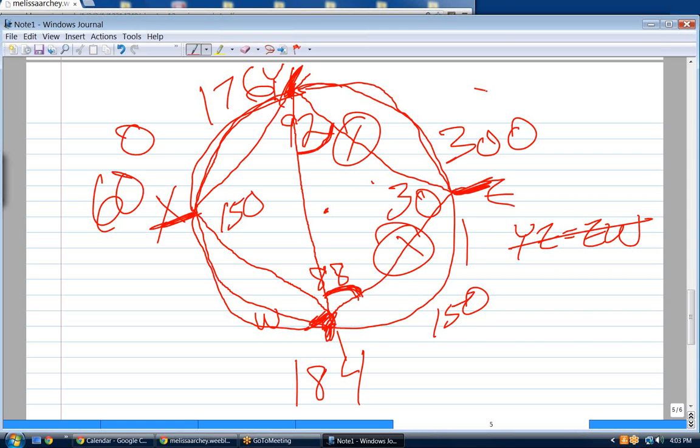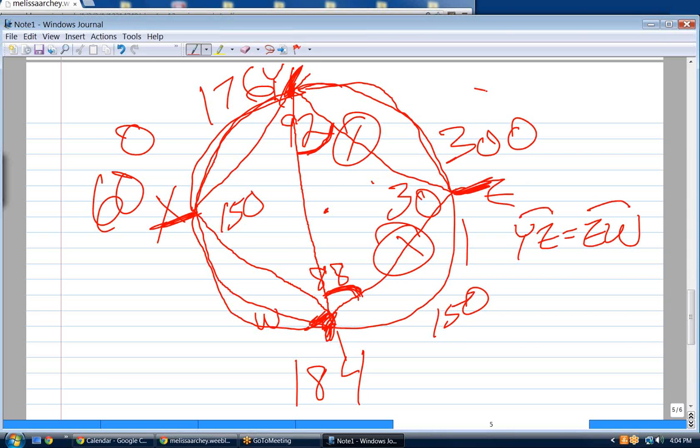Well, this little angle here intercepts the arc ZW. So I know that ZW has to be equal to the arc intercepted by this angle, which is YZ. So I am now able to say that arc YZ is equal to arc ZW. And since I know the whole thing is equal to 300, they both have to be 150.